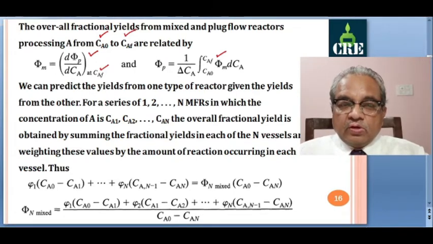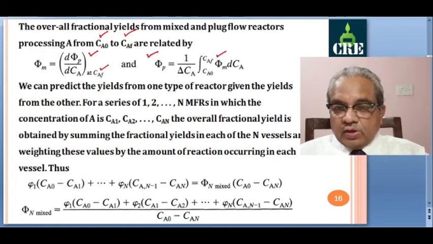And so if you want to find phi P now, you have to integrate this. Integral d phi P is phi P, and this can be written as the integral of phi m.